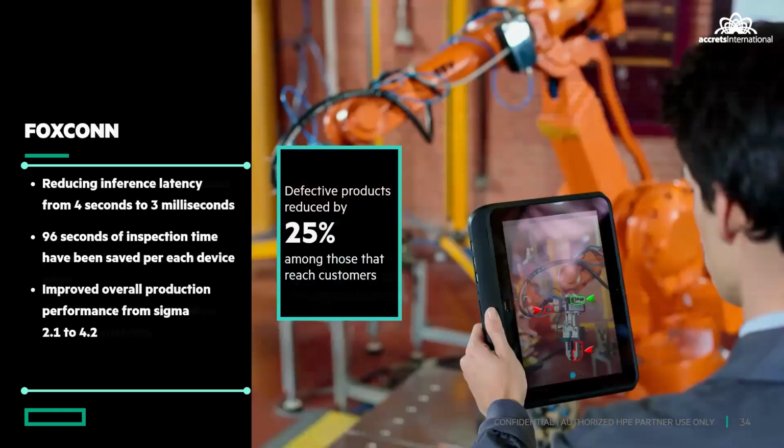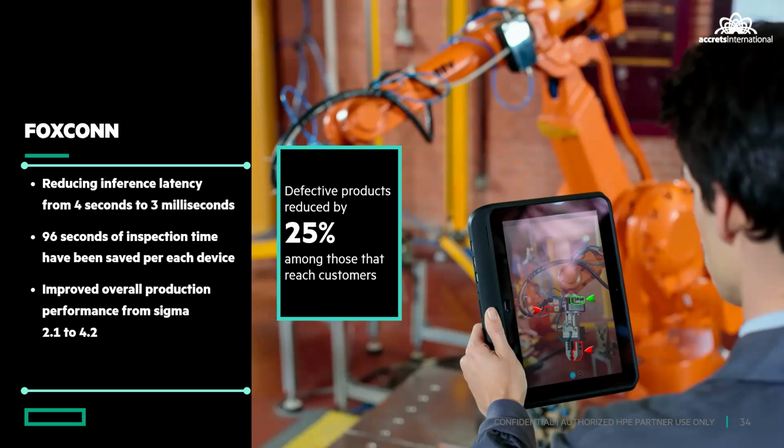The next one is Foxconn. Foxconn wants to do defective product analytics. Before the product is actually sent out to customers, they want to make sure the product is in place. So this is another use case where they use images to screenshot and compare the end product with the working product.